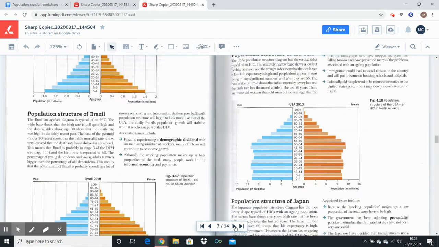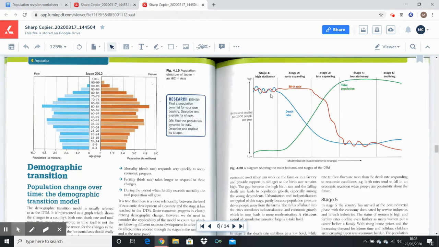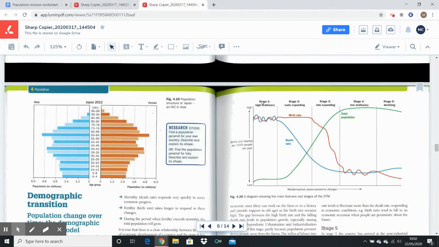We then go on to pass these population pyramids to the demographic transition model, stages 1, 2, 3, 4, and 5. Stage 1 tends to be quite like tribes, very non-communicable people in the rainforest, things like that. Stage 2 is very early development, with a country like Congo. Then you go into a bit more development in stage 3, where education and medicine become more and more available, like the Philippines.